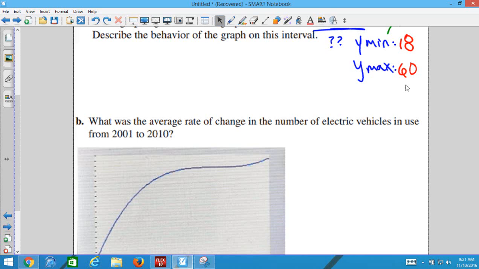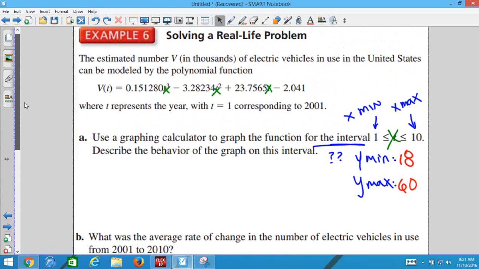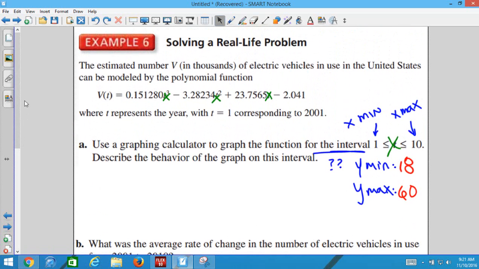I'm sorry, it says electric vehicles, not cars. My bad. The estimated number of electric vehicles in use in the United States.